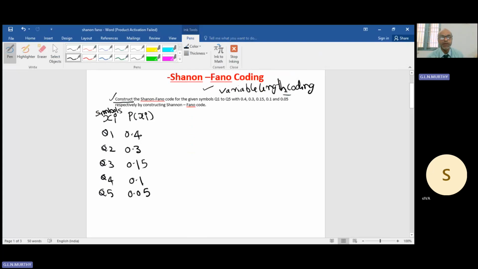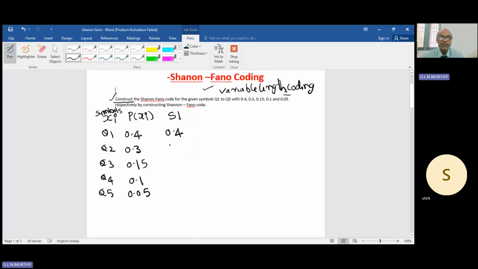What is the meaning of a symbol? Symbol means whatever you are using to convey information. Suppose I am using the English language, my symbols are A, B, C, D, and so on. After step 1, what do you have to do?